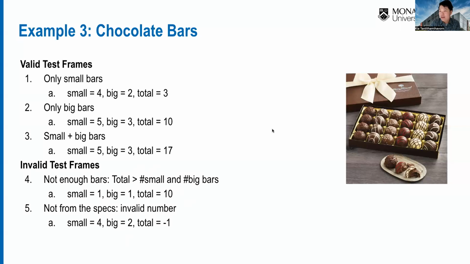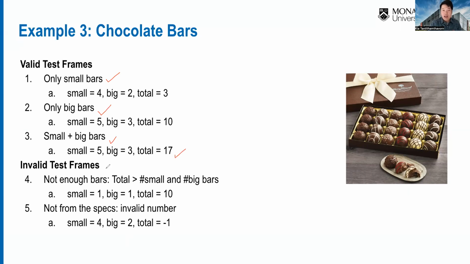As I mentioned before, we should consider both valid and invalid test frames. For the valid test frame, what are the possible test scenarios? We use only the small bars, we use only the big bars, or we use both small and big bars and it works perfectly.